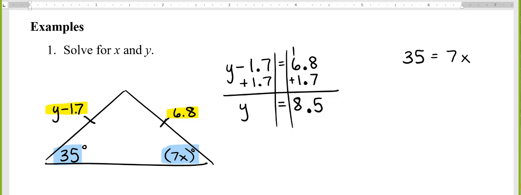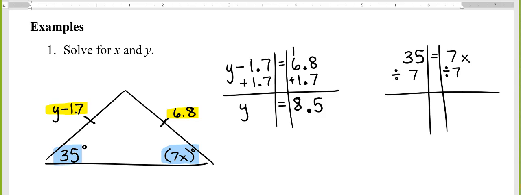How do we solve for x? To get x by itself, we need to get rid of that 7, so we divide both sides by 7. 35 divided by 7 is 5. So x is equal to 5.